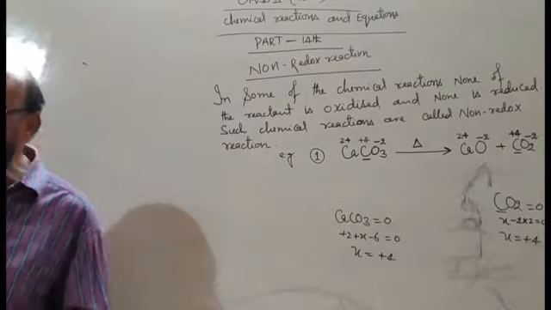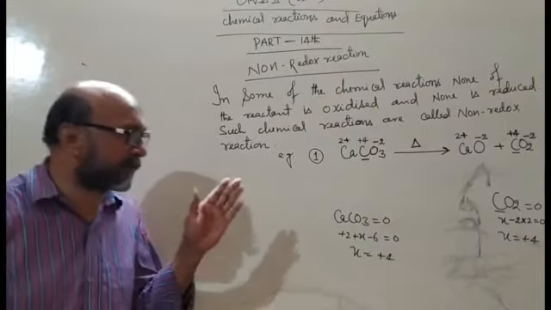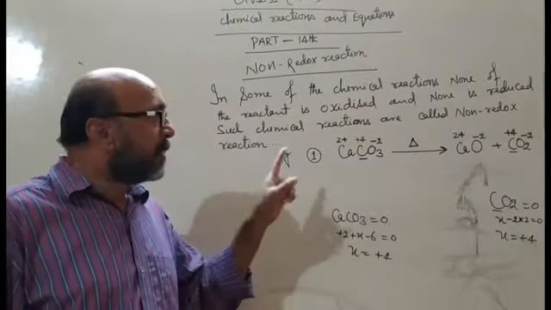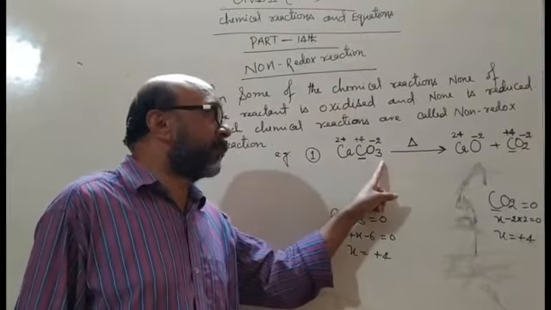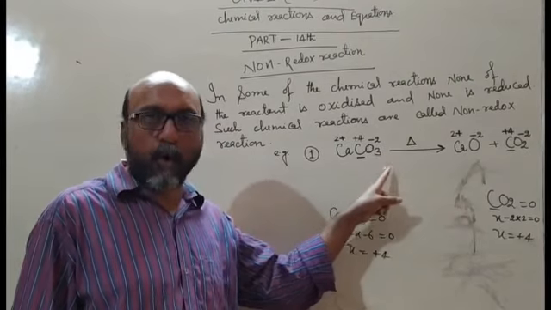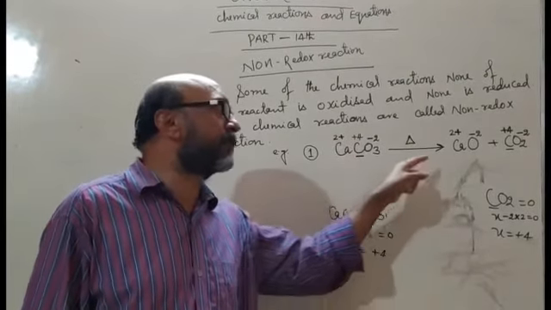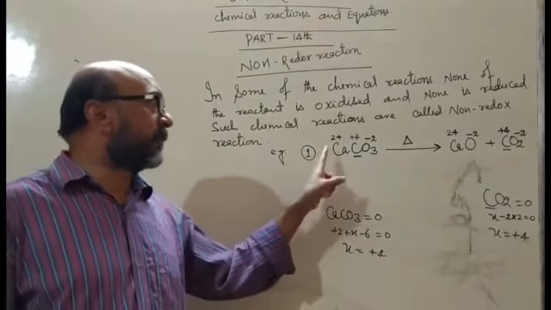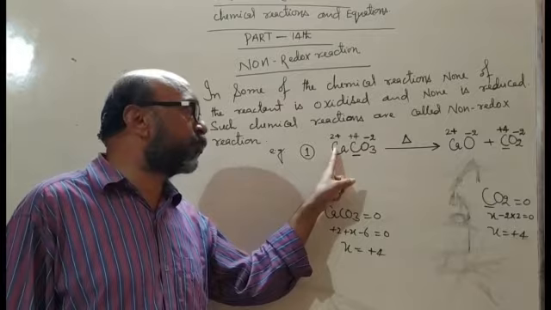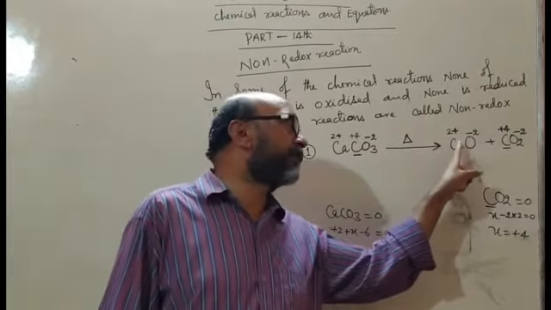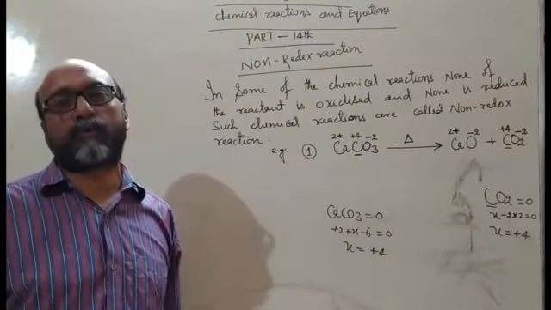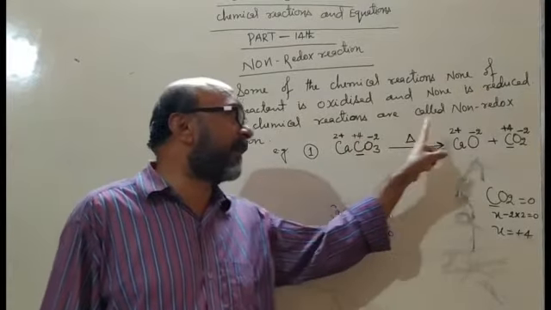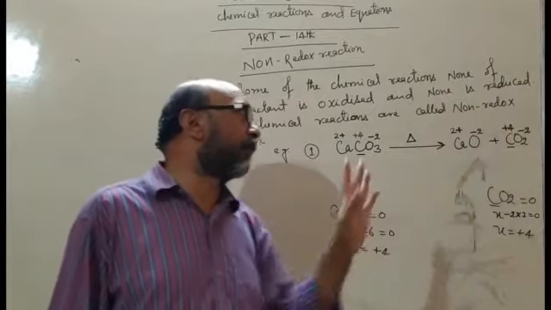Now, look into the change in oxidation state. Here it is quite clear. None of the elements of the reactant undergoes change in its oxidation state in the product. The oxidation state of calcium is +2 in the reactant and it is +2 in the product also. Similarly, carbon is +4 in the reactant, +4 in the product.